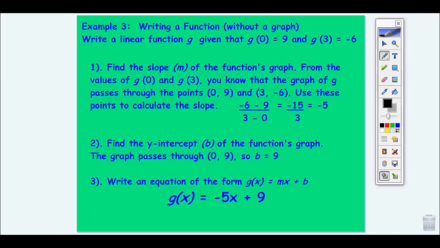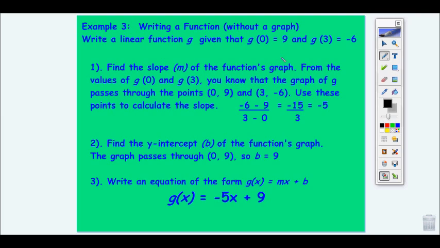Now, remember, the function part is going to be the y, the output. And what it equals is going to be the x. Okay? Oops, I wrote that backwards. Sorry. Let me do my undo.